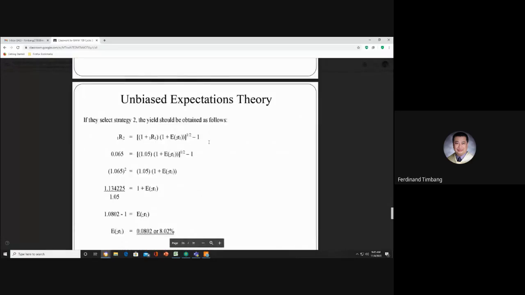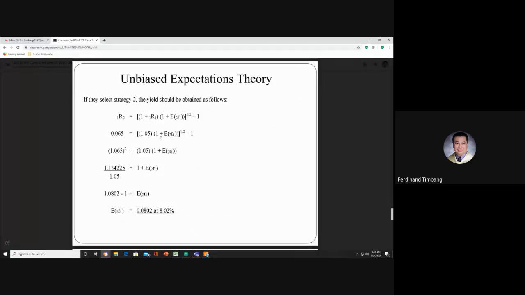So ito naman, 1R1. Bakit 1R1? Because if you place at period 1 with 1 year maturity, 5% yung interest. So tapos, meron tayong expectations dito. 1 plus expected 2R1. Bakit naman 2 years to? Kasi ibig sabihin, if you place for another year, which is on the second year, tapos ang placement na for 1 year.